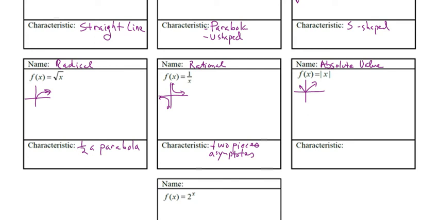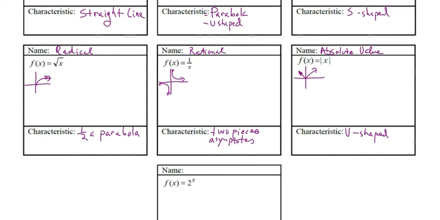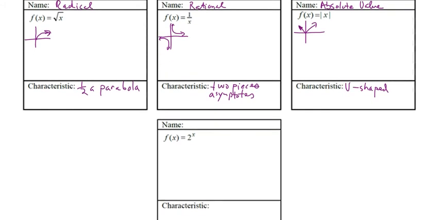Characteristic: V-shaped. No snakes were harmed in the making of this. Wait a minute, have I shown you any Vi Hart videos? I think she's got one with snakes.